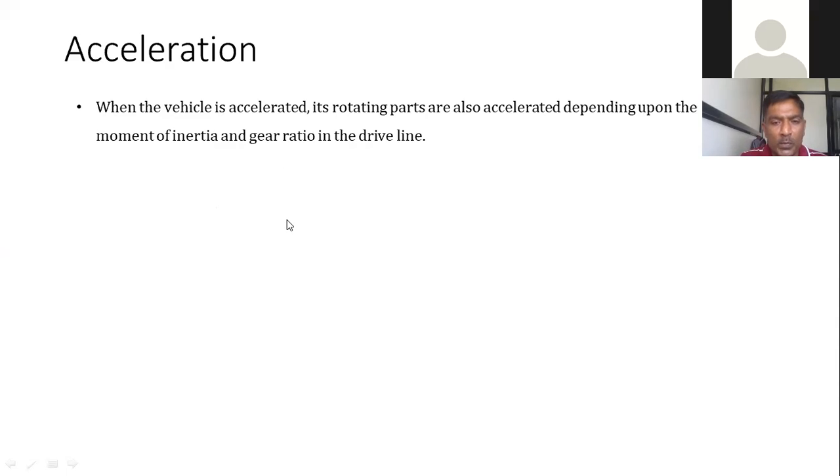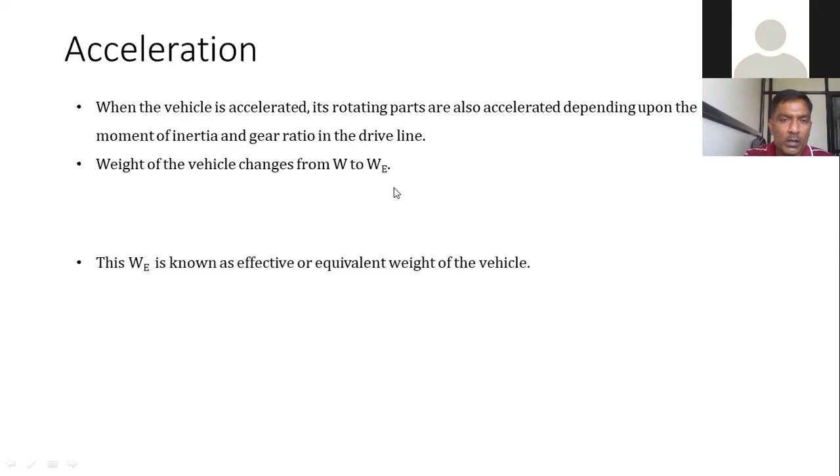So again, that moment of inertia, that means mass will be taken into account, and accordingly there will be acceleration for each of the components. So whatever weight of the vehicle, it is originally having W Newton, it becomes W E Newton.